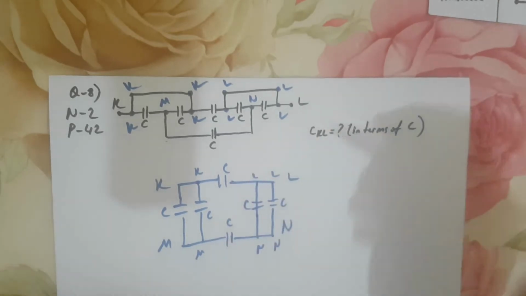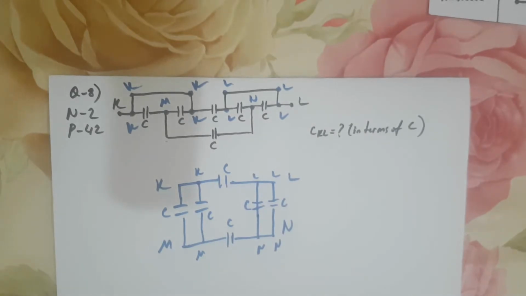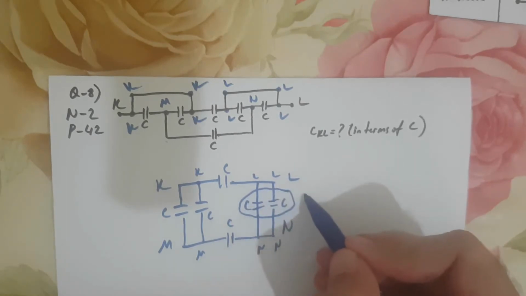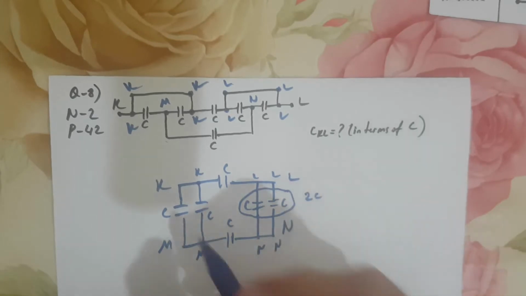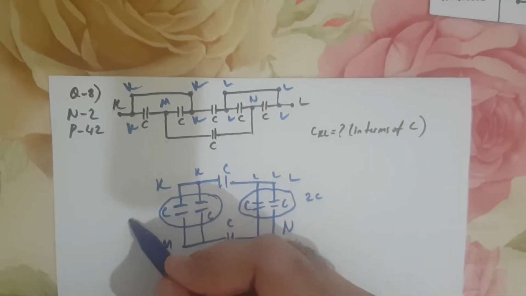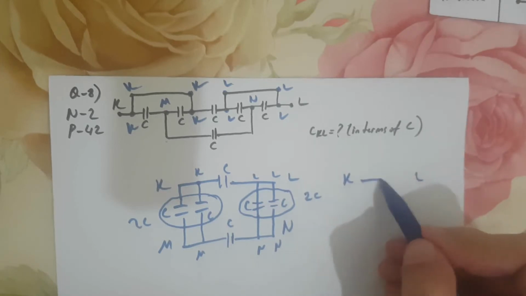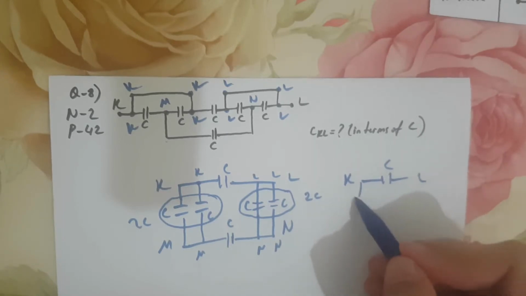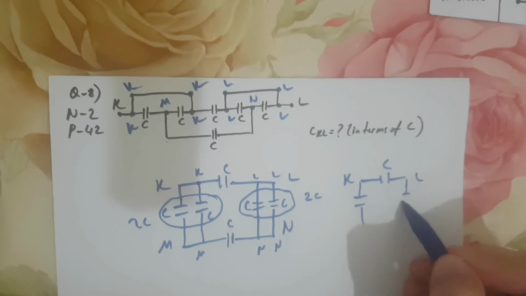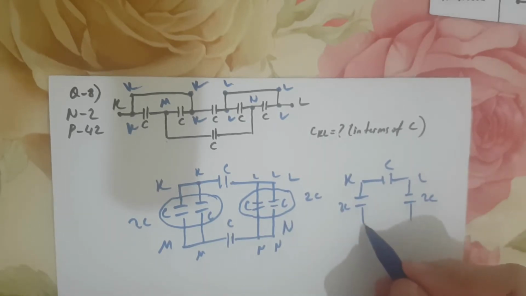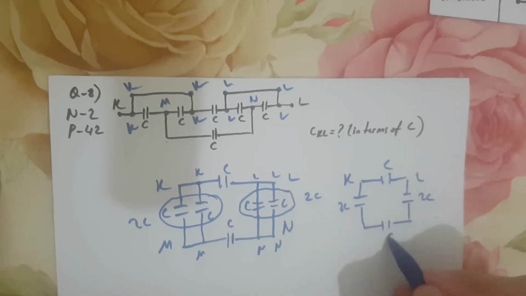So the circuit is like that. What's going to happen now? Let's take this one. Parallel becomes 2C, and then this parallel becomes 2C. If this one is the KL, it becomes C, and then here 2C, and then 2C, and then there is a C here.